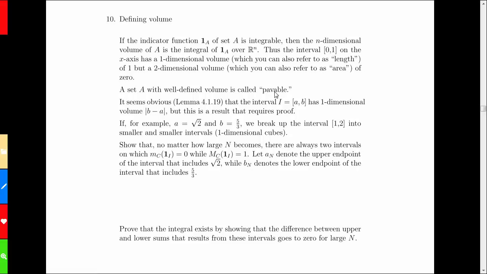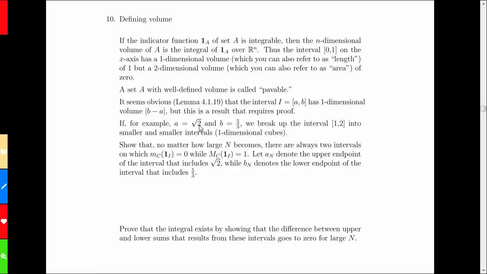Following the textbook, we will say that if a set A has a well-defined volume, we'll call it pavable. And now we're going to prove that the interval from a to b is pavable and its one-dimensional volume is equal to the difference b minus a.